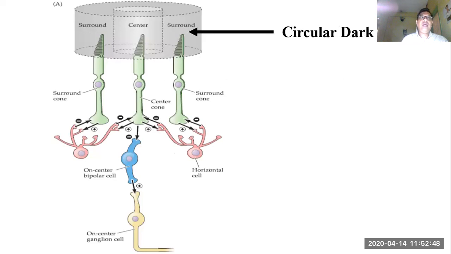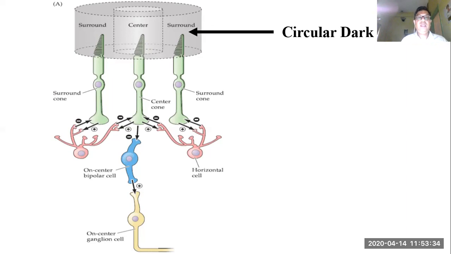So on top of having on pathway and off pathway, which is already signaling separately the presence of a lit area from the presence of unlit area, in other words, defining the border between light and darkness, or defining the border between a given specific color to that of another specific color, we also have at this retinal level a thing called the lateral inhibition, whereby the cells which are neighboring each other will have influence on their neighbors. So neighboring cells will be influencing each other.